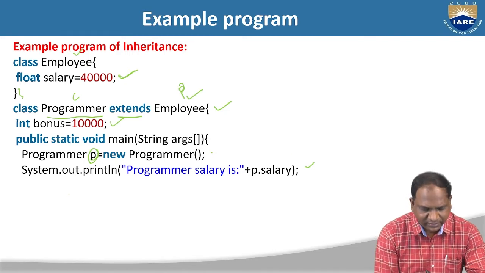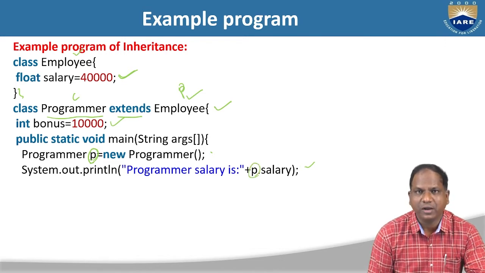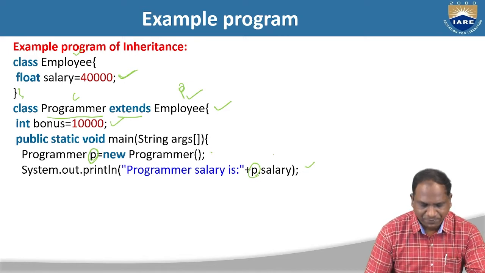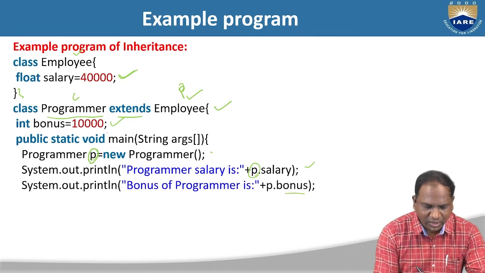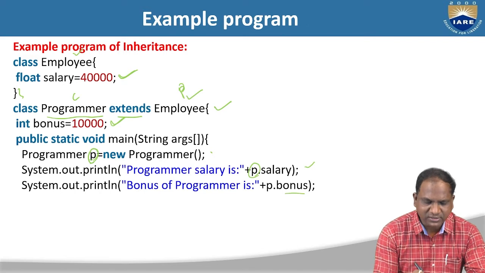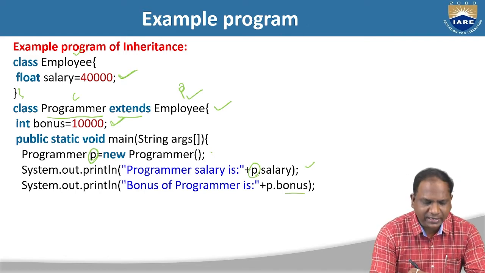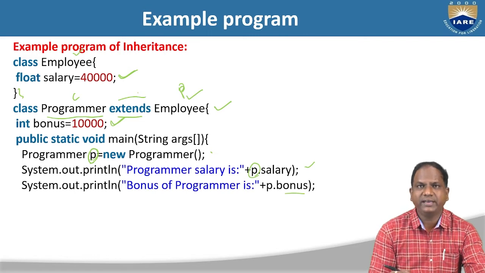So what is the statement? Just System.out.println, I am printing the programmer salary. P, what is p here? Object of Programmer dot salary. Then p dot bonus. What is bonus? Variable of the child class. So the child class also has a variable, the parent class also has a variable. So extends means inheriting the properties.